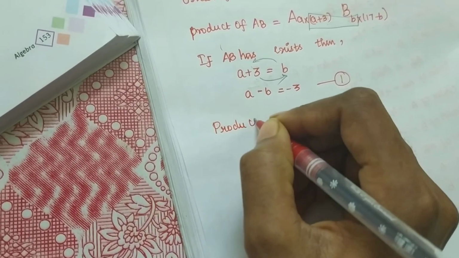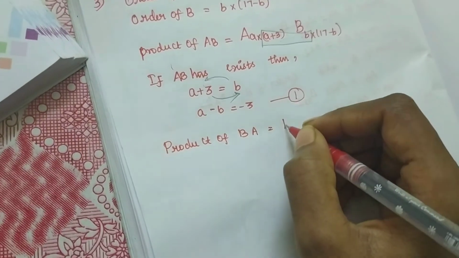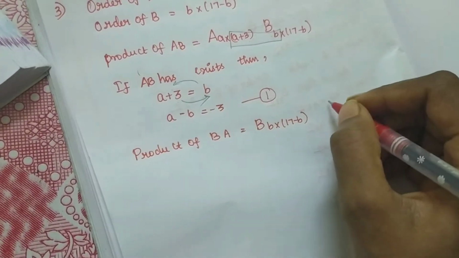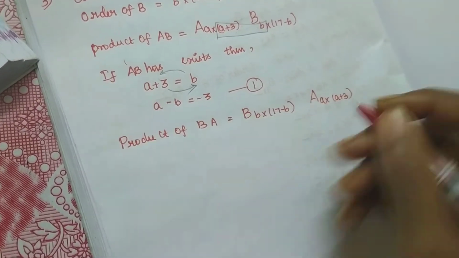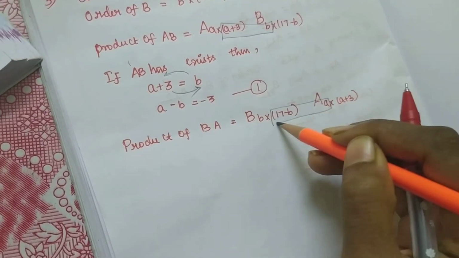Then the product of BA. What's B? B is B cross 17 minus B. A is A cross A plus B, 3. So what can I do with this part, right?